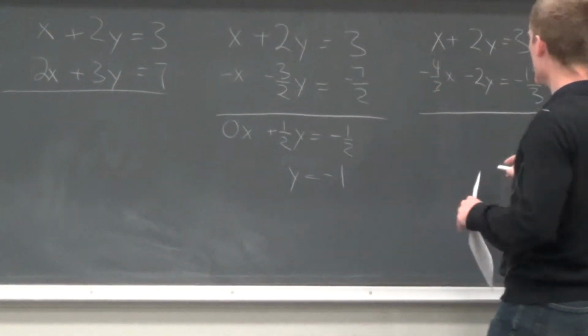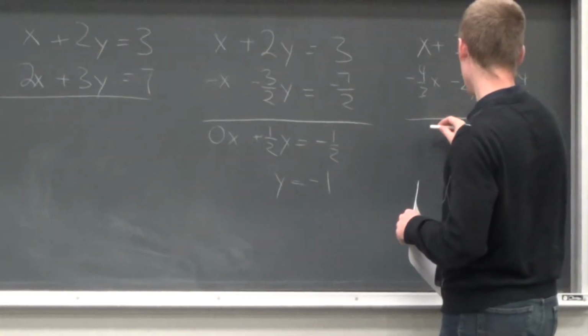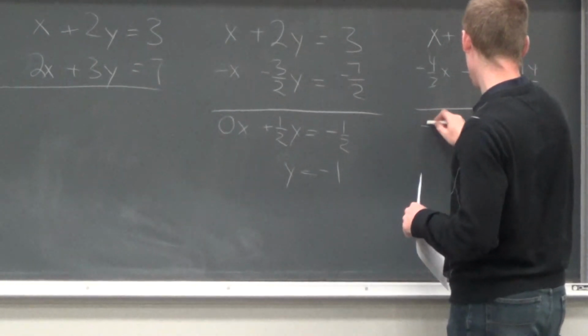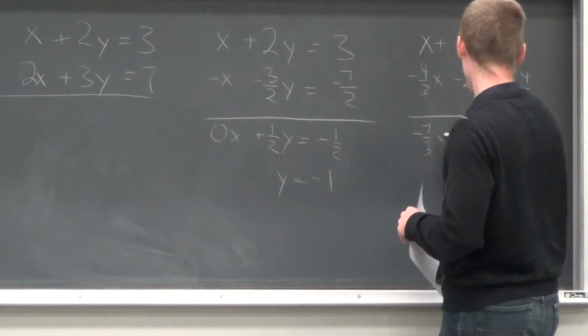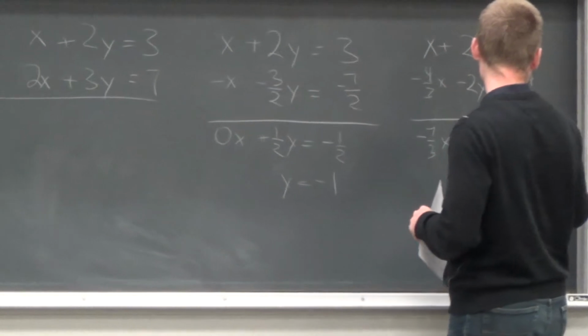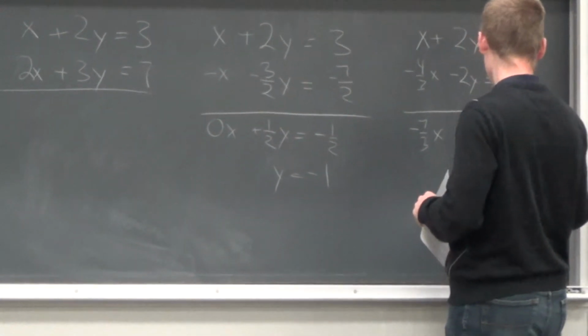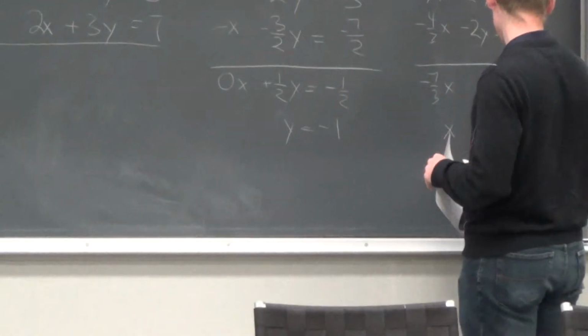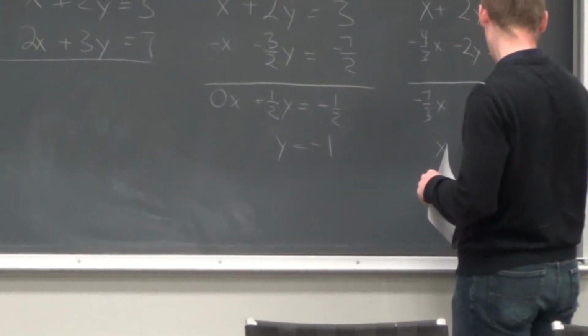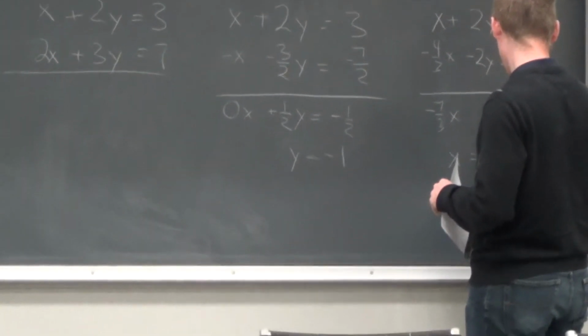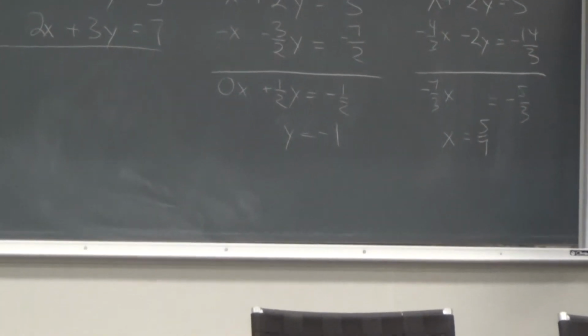Then we add our two equations together, and we get negative 7/3 x equals negative 5/3. So x equals 5/7. I believe that's right.